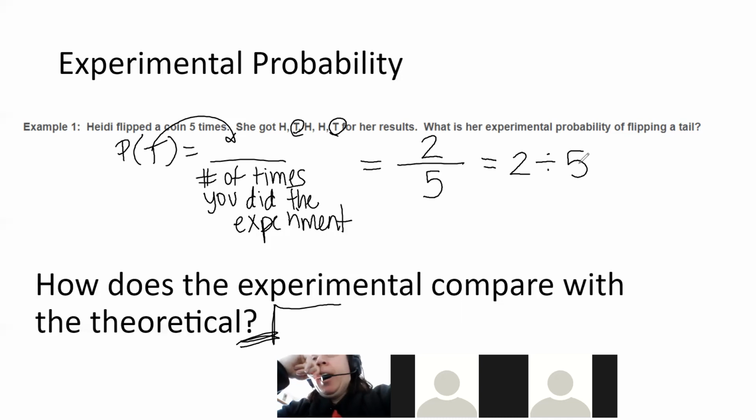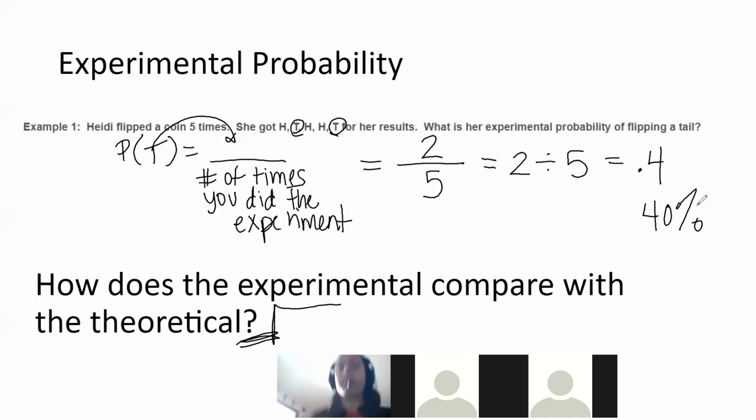What do you think? Yeah, Isabel, what you were doing is you were probably thinking of comparing it to 100. You were thinking as a percentage. Because we get 0.4, but if we made it a percentage, it would be 40%. Very good. Okay, so now let's think about the theoretical probability. We'll say 40%.